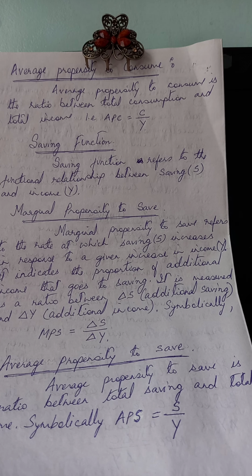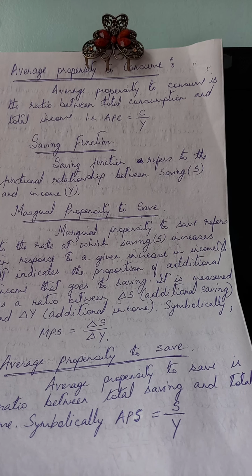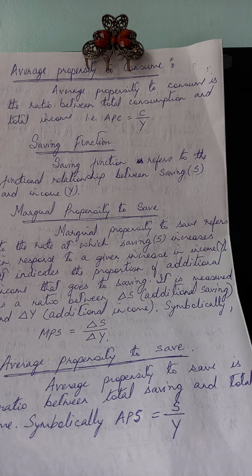So savings is simply the amount of money that we do not spend, but instead save. And as we all know, if I save, definitely I won't keep it at home, I save it in the bank. So whatever amount of money I go and deposit in the bank, that is referred to as my savings.